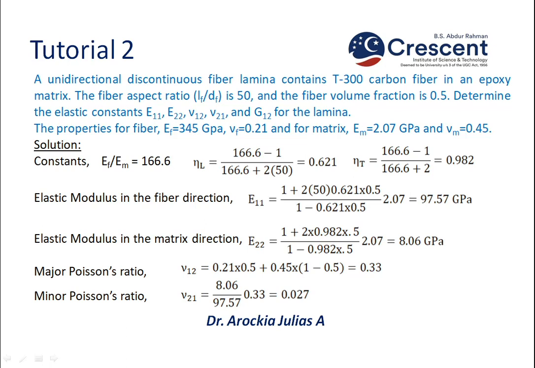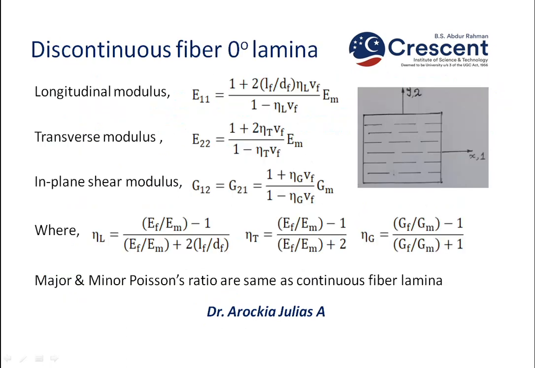So for a discontinuous fiber, the fibers are arranged unidirectionally, that is 0 degree along the loading direction, but they are not continuous, they are discontinuous, right. So we have seen the formulas in the previous video, the various formulas for the constants E11, E22, major Poisson's ratio nu12, nu21 and shear modulus.